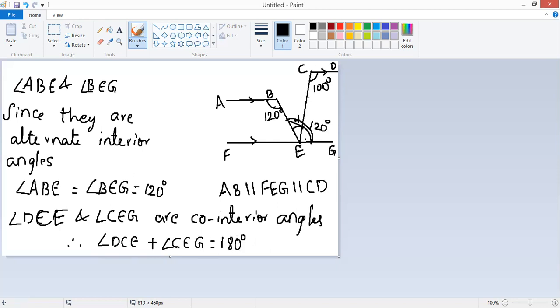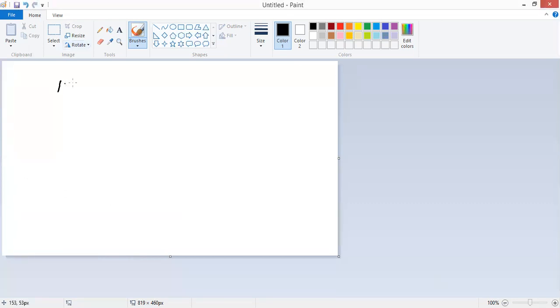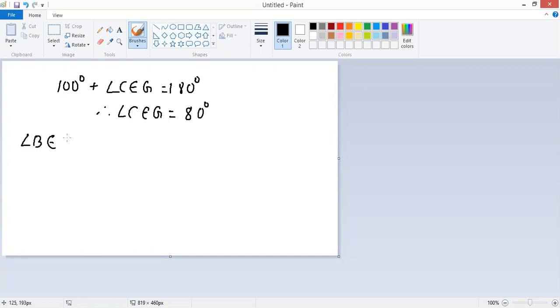Here it is given angle DCE as 100 degrees. 100 degrees plus angle CEG is equal to 180 degrees. Therefore, angle CEG is equal to 80 degrees. We got that angle BEG is equal to 120 degrees.